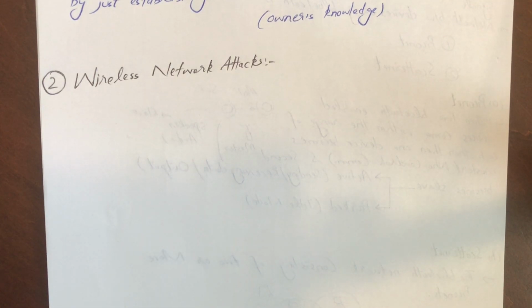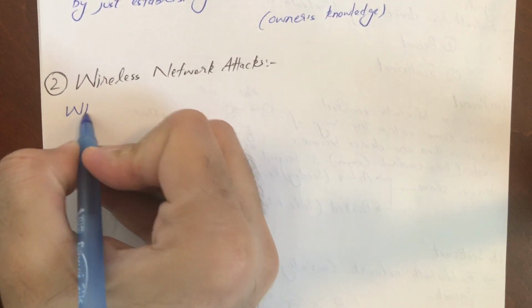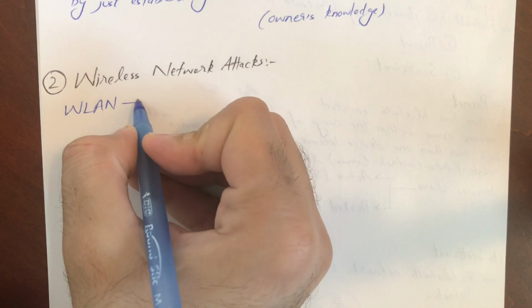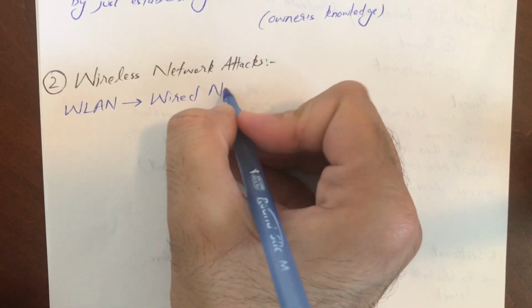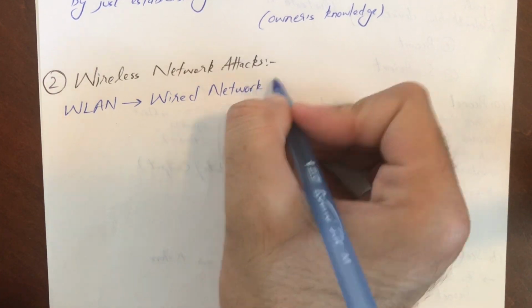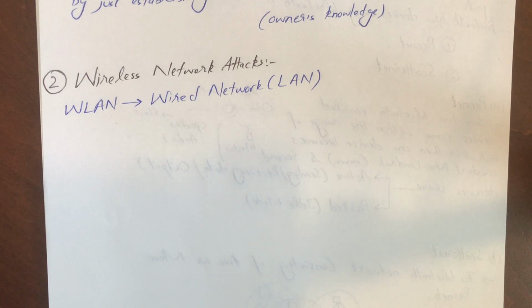Next is the wireless network attacks. First of all, it's important to understand WLAN, wireless local area network. It has replaced all the wired networks, specifically the wired local area network, where we used to use the Ethernet cable to connect our computers and all that stuff.